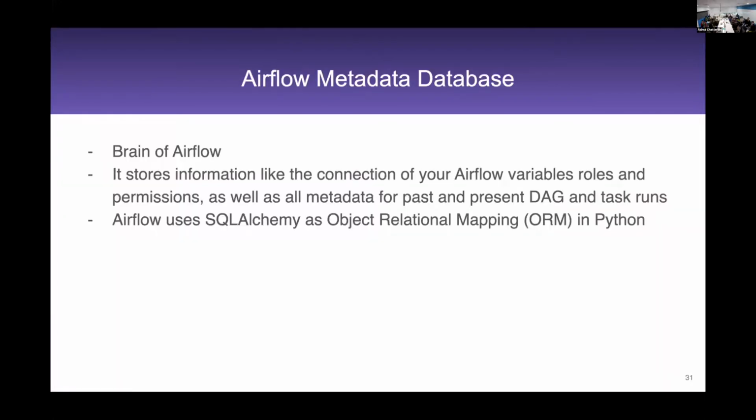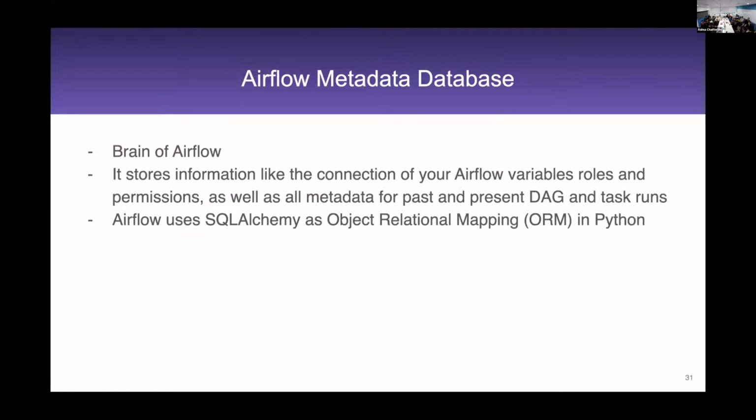Now the metadata DB. The metadata DB basically works as the brain of Airflow. It is the central thing in Airflow. By now you must have realized that everything talks to the database. Your web server is talking to the database, your scheduler is talking to the database, your DAG parser is talking to the database, and your executor, or you can say worker, somehow as well. So it is the brain of your application.